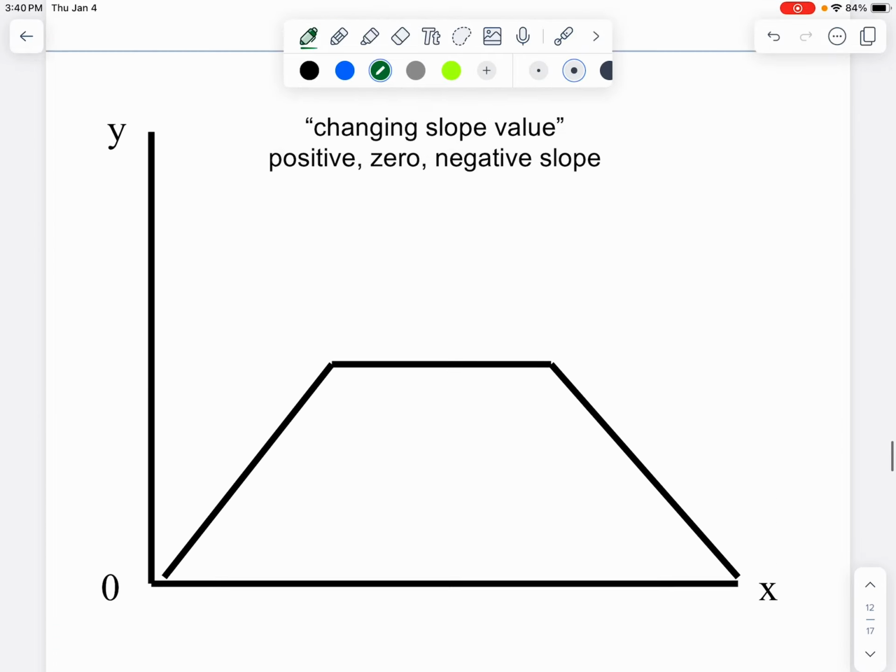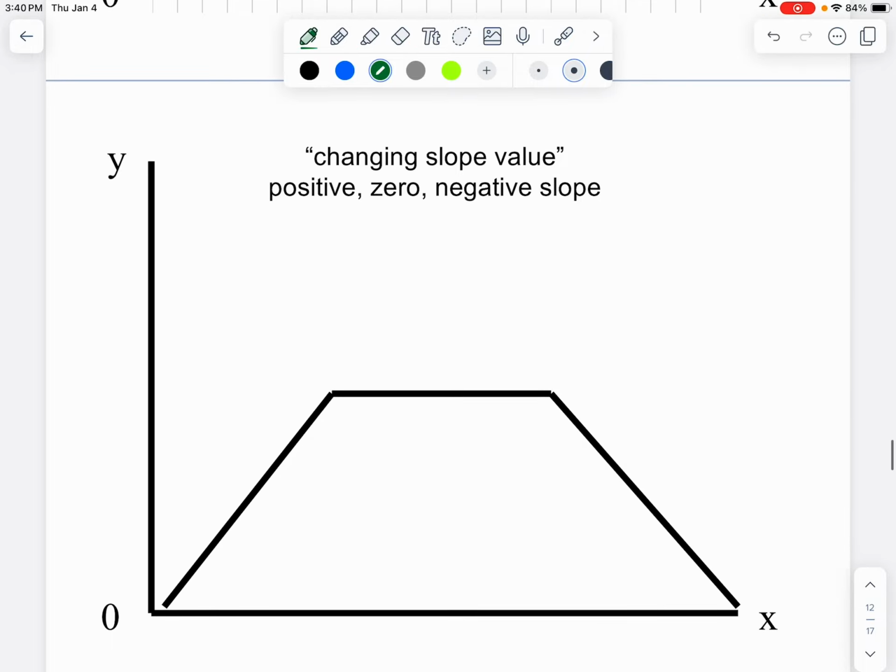All right, the last thing that I want to talk to you about here is what do we do if we're being asked to describe a graph like this? Well, if the question does not tell you specifically what part of the graph, then it's asking you about the graph as a whole. Well, the graph as a whole is changing. As a whole, this graph is changing because I got different tilts going on for sure. Typically, what we would do here is we would ask you about the graph in parts.